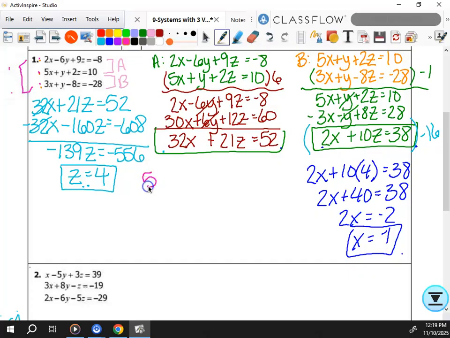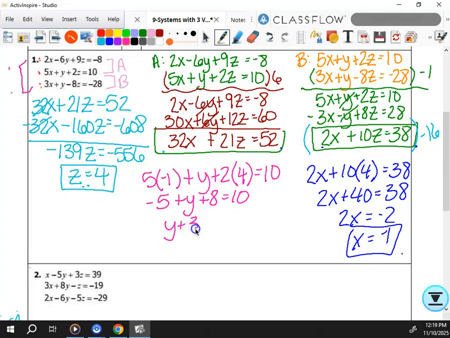So we'll do 5 times a negative 1 plus y plus 2 times 4 equals 10. That's negative 5 plus y plus 8 equals 10. Y plus 3 equals 10. Y equals 7.